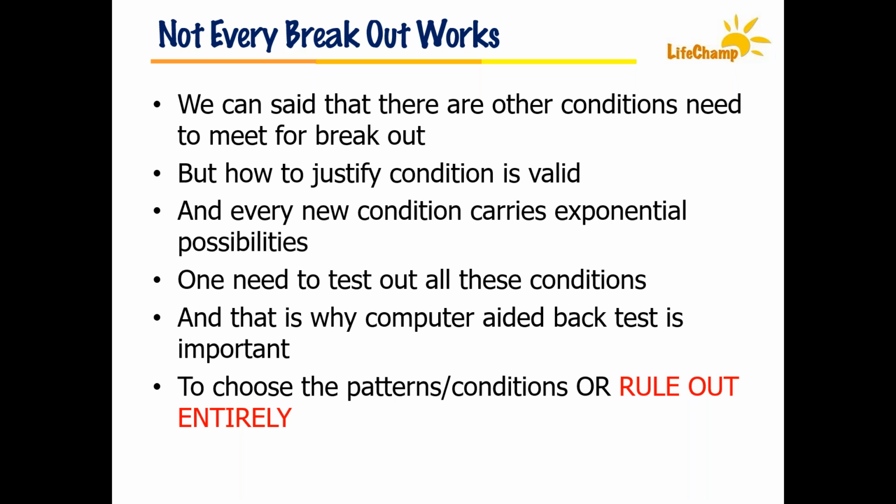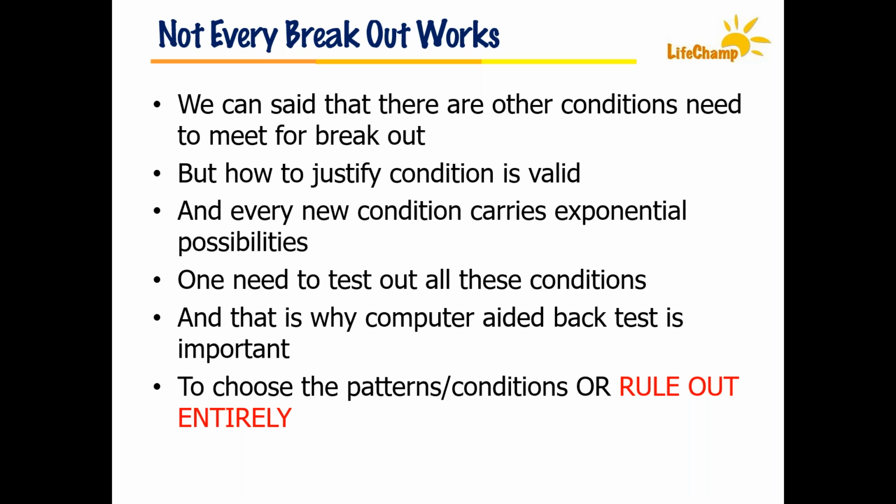But how do you justify that the conditions are valid? Every new condition carries exponential possibilities, because if you add one element after another, you are adding more and more complexity and variety to the possible results of a breakout.